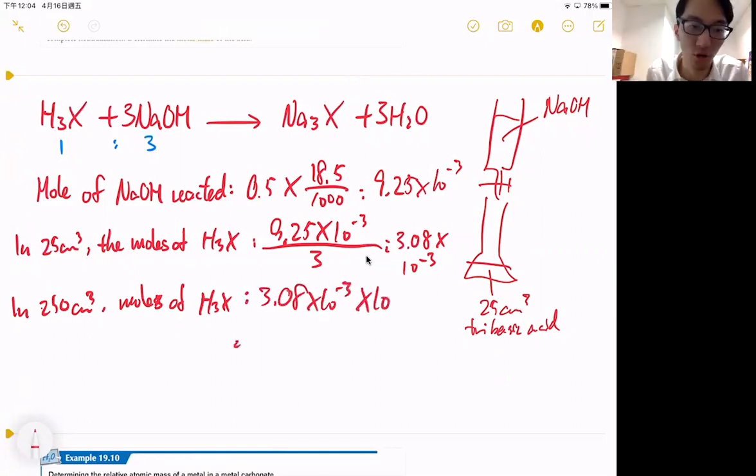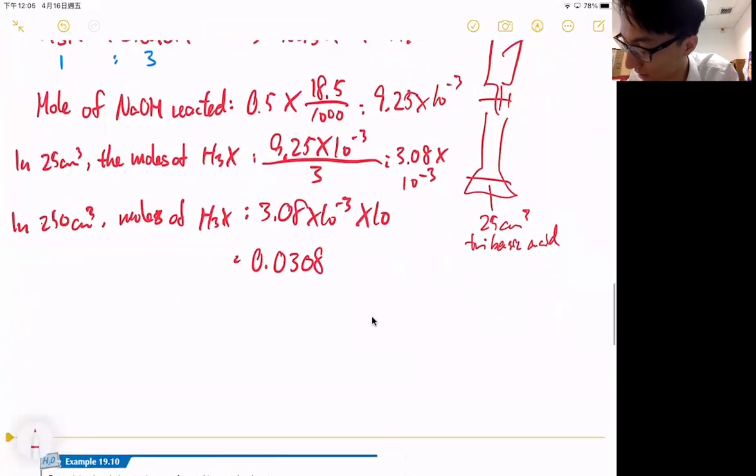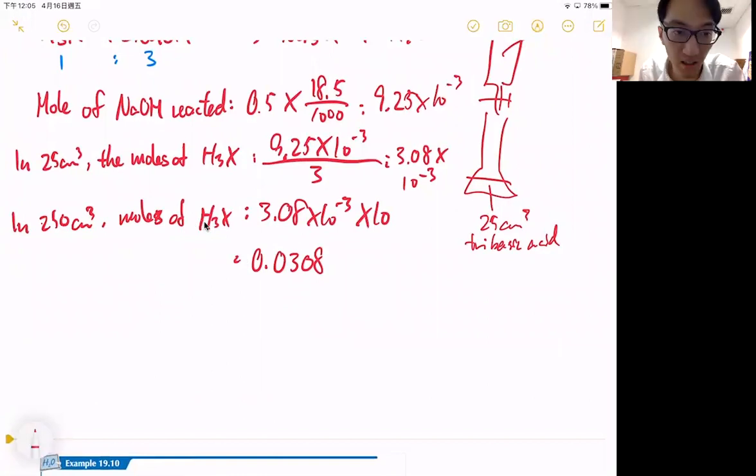You should be able to know why we need to times 10 over there. So you will get 0.0308 as the number of moles of acid inside 250 cm³.